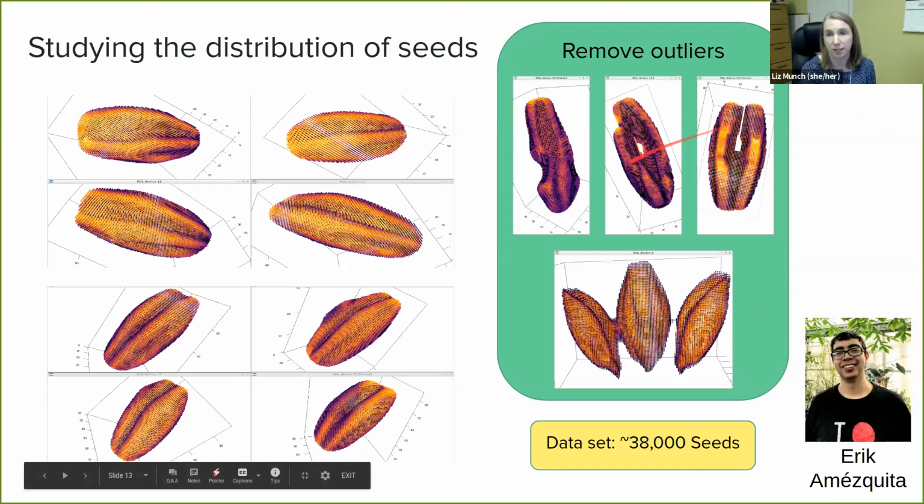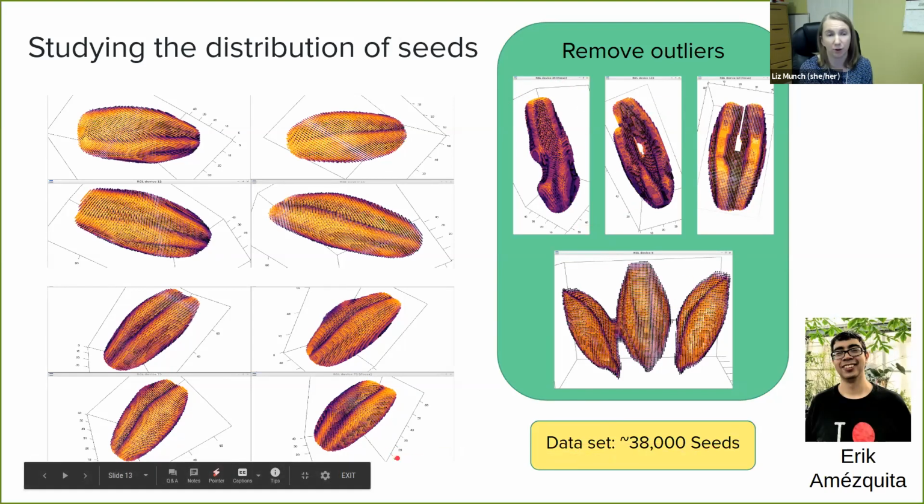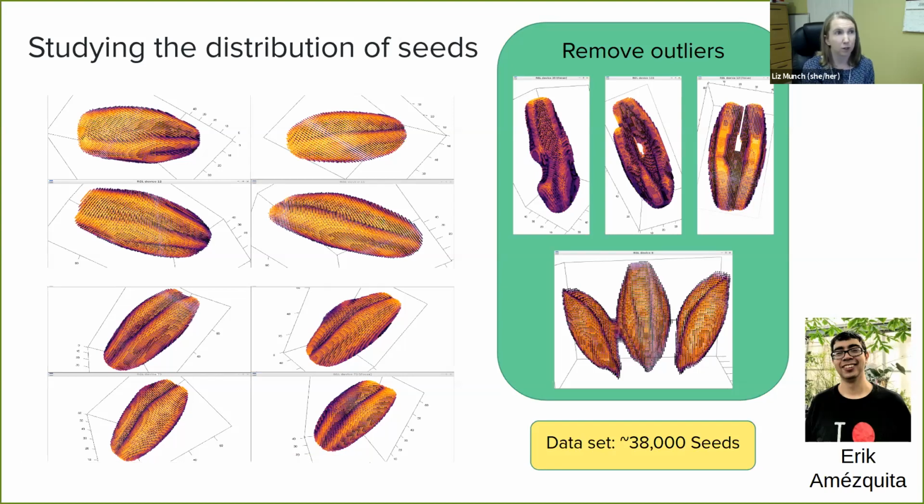Outliers can be caused either by some issues with the morphology of the shape itself, something going wrong with the scanner maybe, or just misformed seeds. Also, sometimes we had some issues with separating seeds from each other. But in the end, this is maybe less than 10% of our data as outliers, and we end up with about 38,000 seeds to work with.